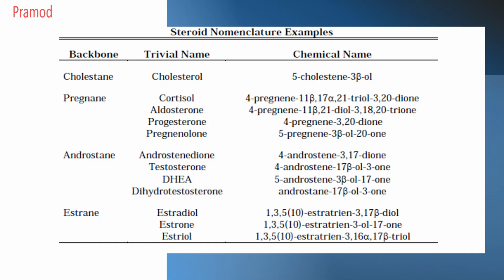Next is androstenedione. Androstenedione contains 19 carbons with the double bond at the 4th position and carbonyls at the 3rd and the 17th. Testosterone is 4-androstene, that is a double bond at the 4th position with a hydroxyl group at the 17th and a keto group at the 3rd position.